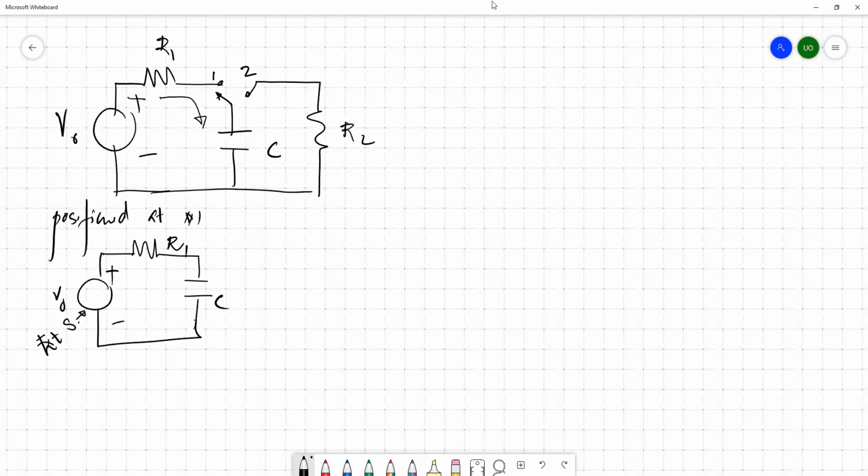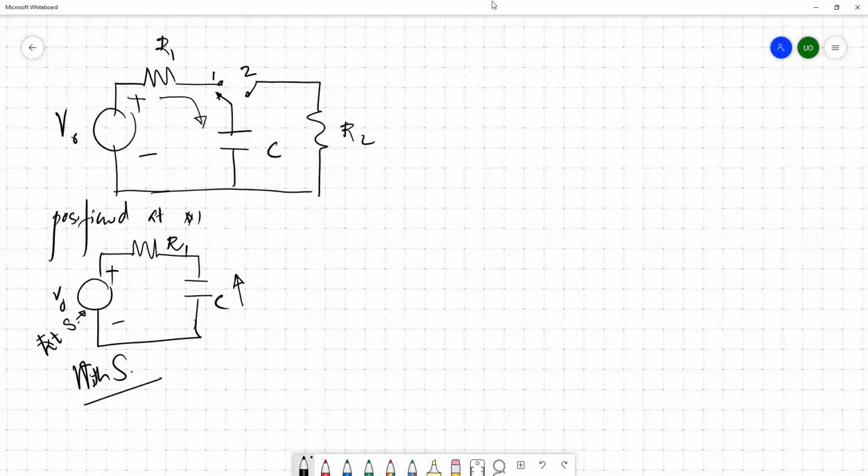Once you position your two-way switch to node A, you have a circuit with a resistor R1 and a capacitor C directly connected to an external source. Then this capacitor is charging. This is the scenario which we identify as the with-source condition.